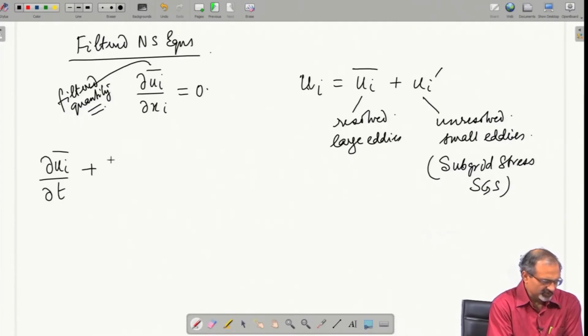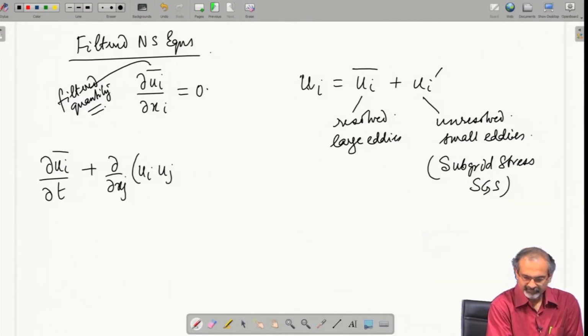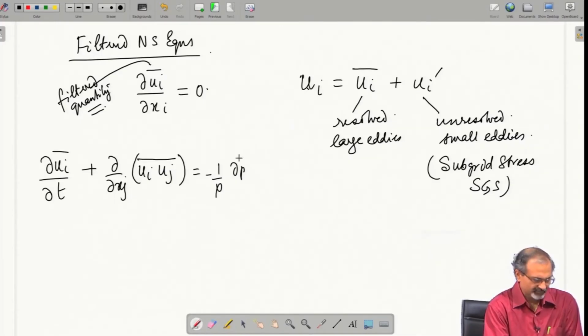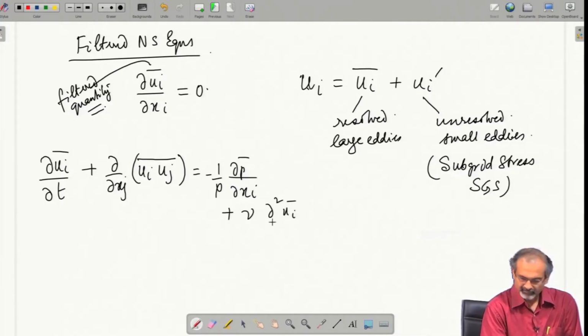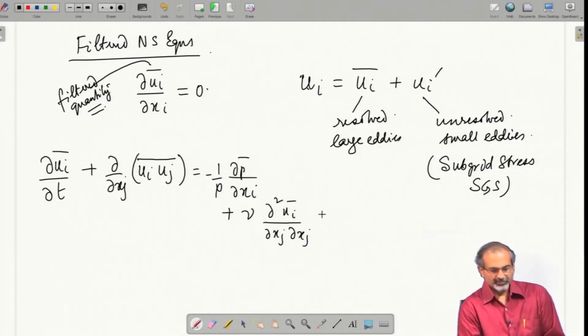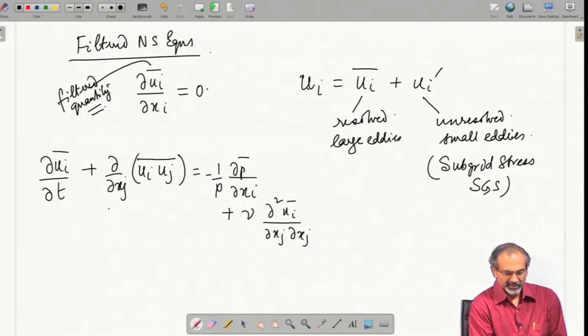As far as the Navier-Stokes equation is concerned, again remember about the repeating indices.